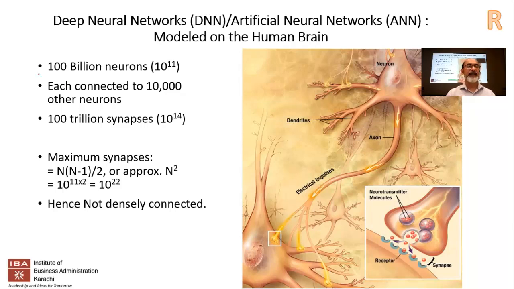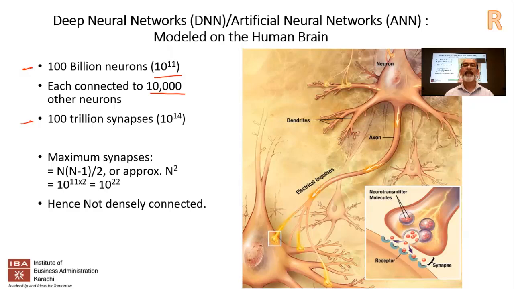And so we looked at neurons, and we said that synapses are the junctions of neurons. There are about 100 billion, 10 to the power 11, neurons in a normal human being, and each one of them is connected to 10,000 other neurons. Is it densely connected or not?